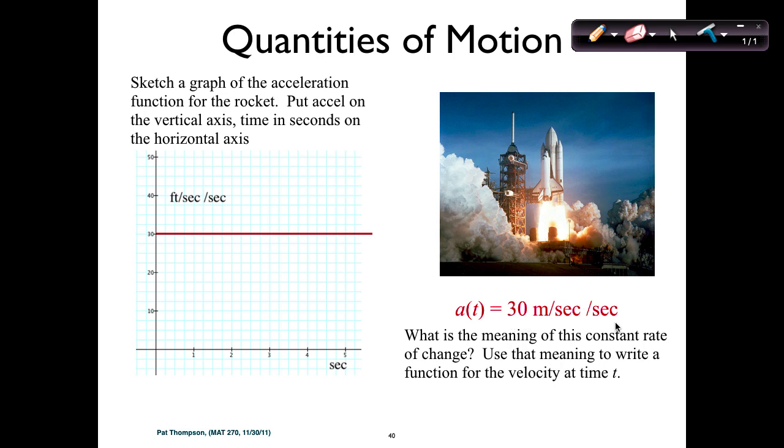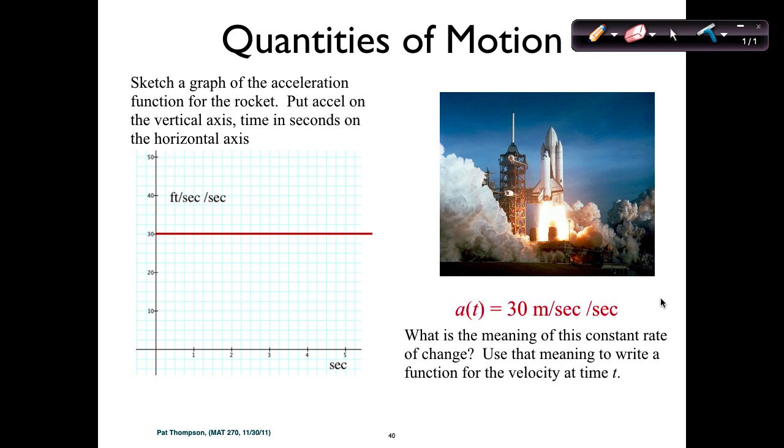I don't recommend lumping the seconds together and doing second squared. I know that's very, very common, but it takes away from the meaning that this is how much the velocity is changing every second. And then we know that we can find out how much it's changing in any amount of time. But lumping the second squared together, I think it kind of robs the meaning here of what acceleration is.